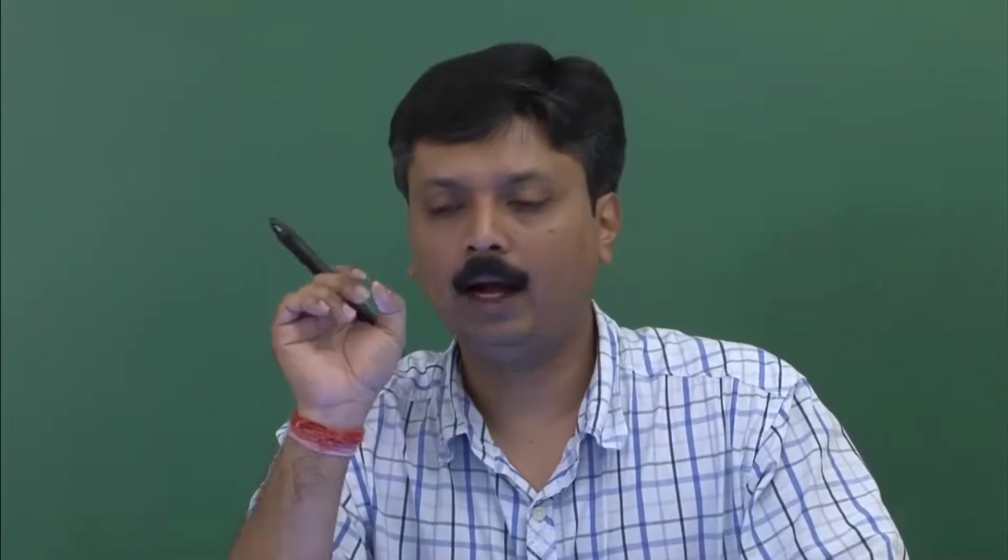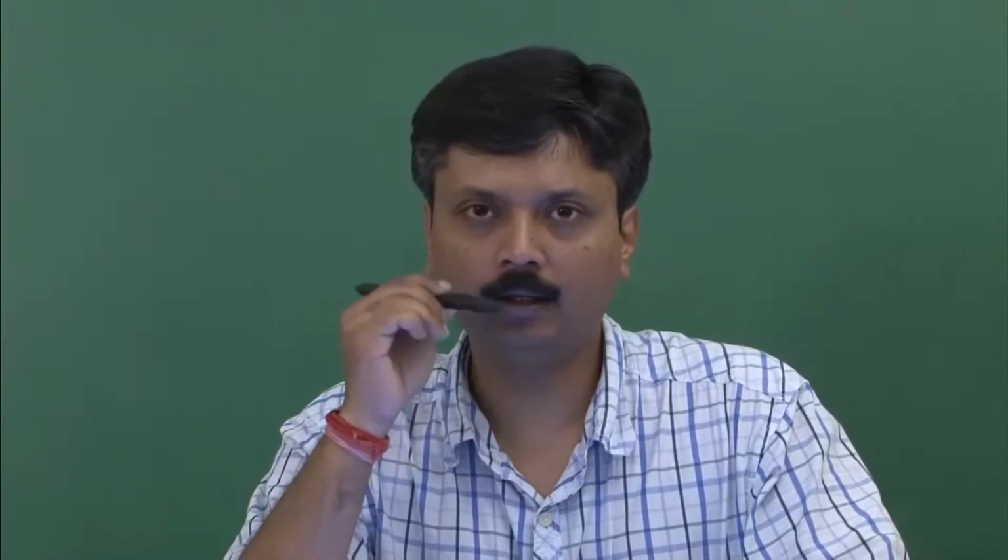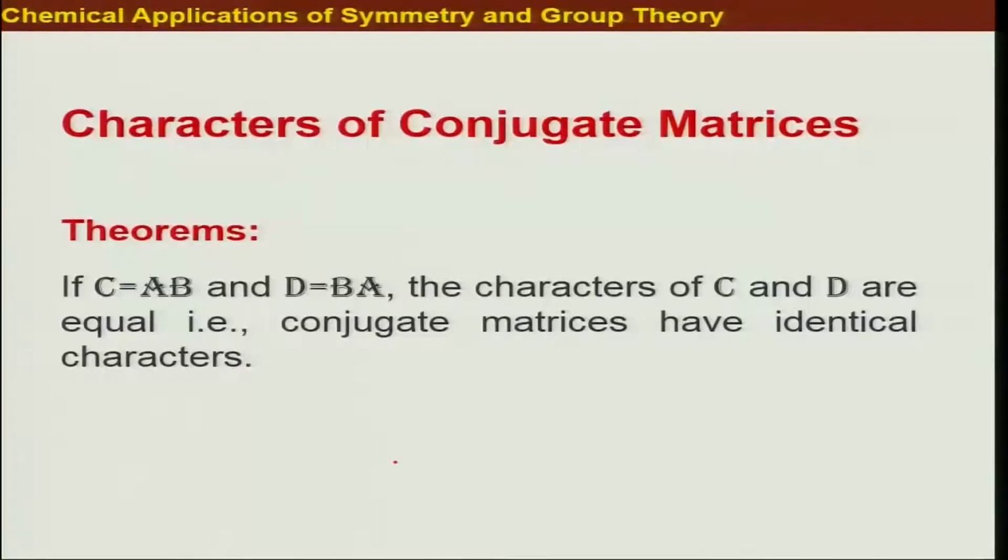Okay. And what we are going to see here is that the matrices corresponding to those elements belonging to a class give exactly the same characters. For example, if I have two conjugate matrices A and B corresponding to two symmetry operations, then A and B will have the same characters, and we are going to prove that.